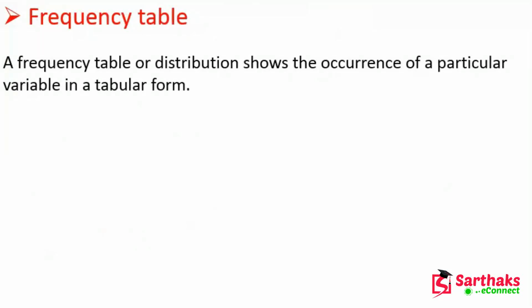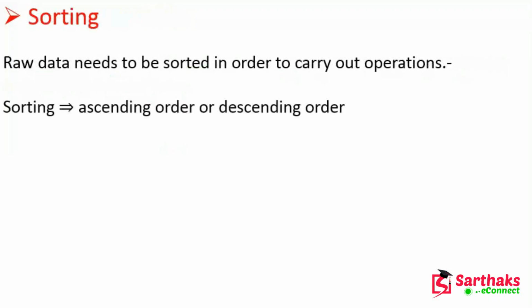Now what is a frequency table? A frequency table or distribution shows the occurrence of a particular variable in a tabular form. When the table shows the occurrence of particular variables in tabular form, this type of table is called a frequency table.